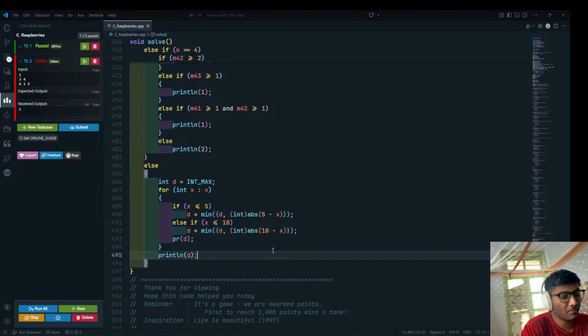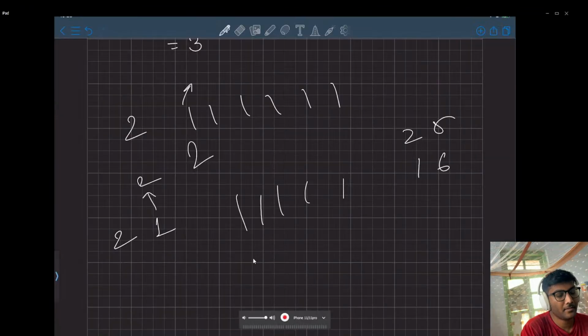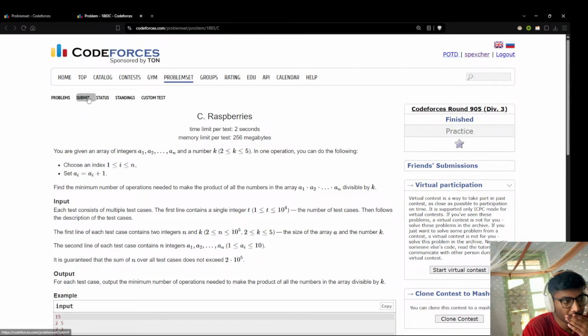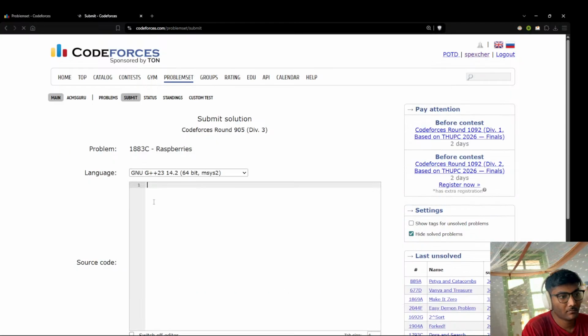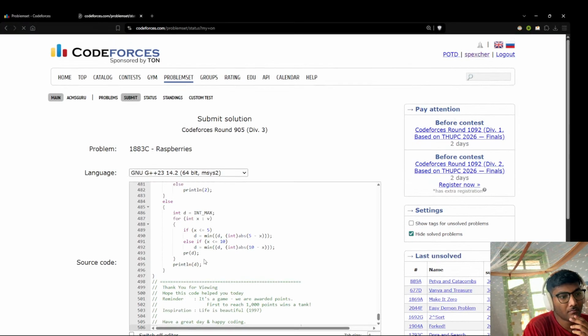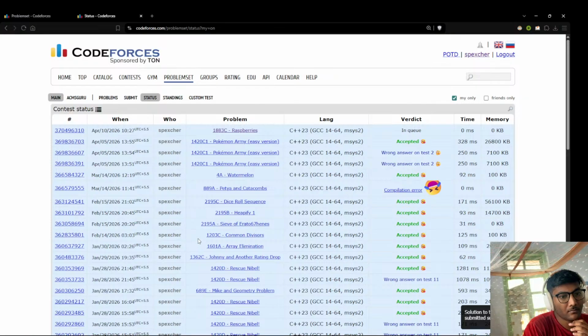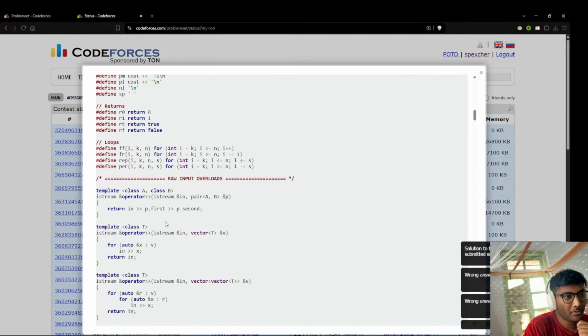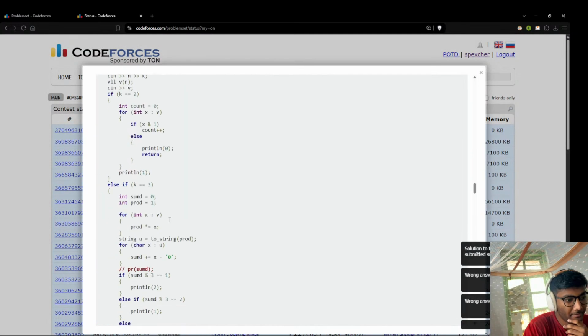Yeah, this will probably work. Let's see if it passes the test cases. Yeah, so still maybe not perfect. Let's see where we have failed.